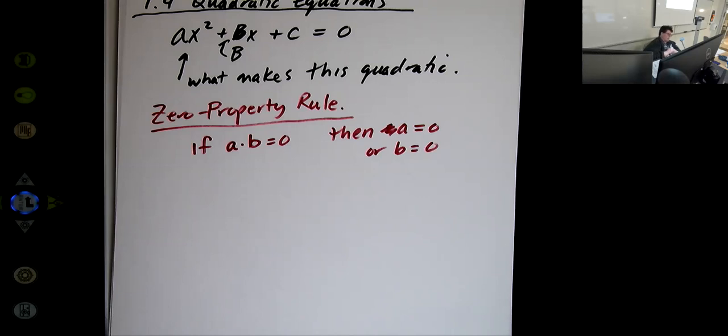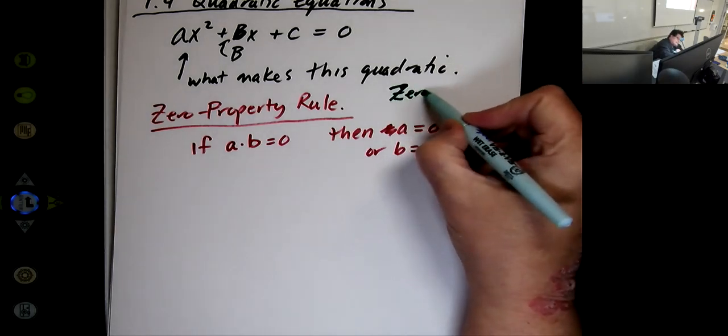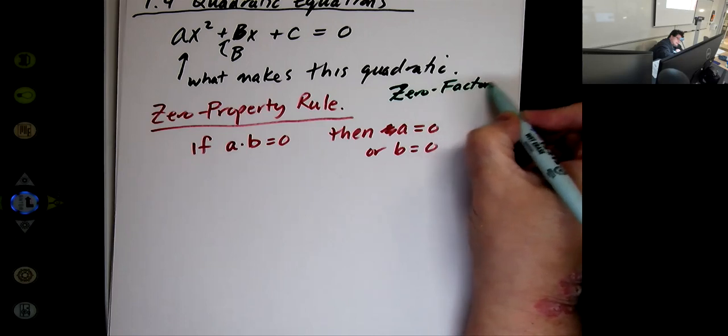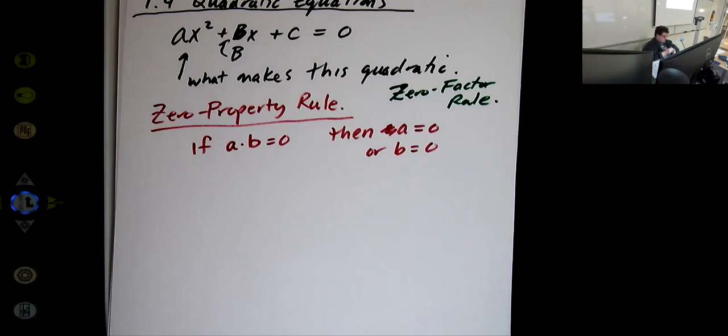They also call it the zero factor rule. The only way two things multiply together to equal 0 is if one of the two things is 0.